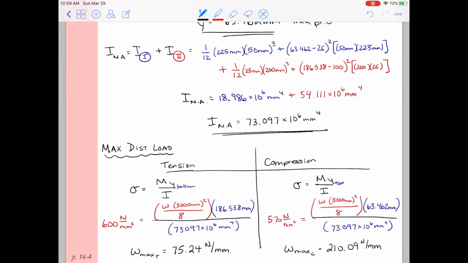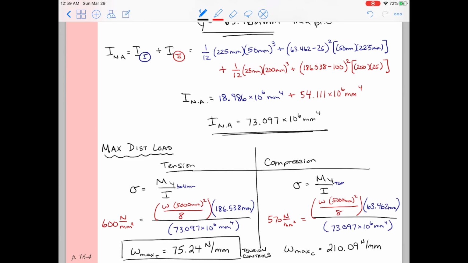Finally, we have to decide which one is more critical, so which one causes the beam to fail first. So when the distributed load gets up to 75.24 newtons per millimeter, that's when we would first have failure. So we say that tension controls.